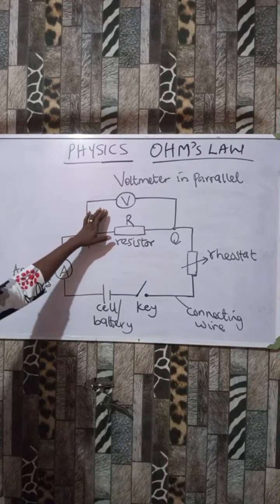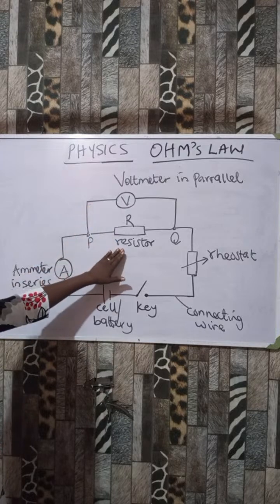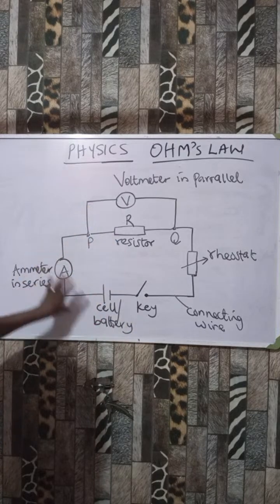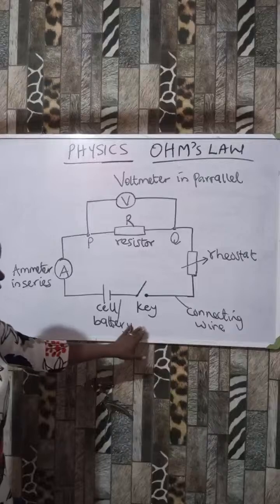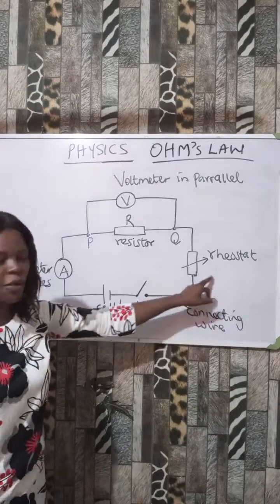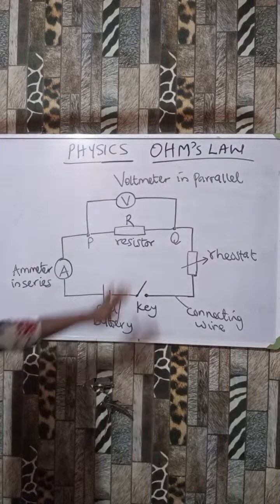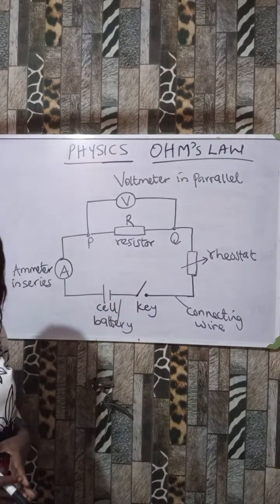Now this is a voltmeter, this is a resistor, this is an ammeter, this is a cell, and these are connecting wires. This is a rheostat, okay? Now all these are components of a circuit.